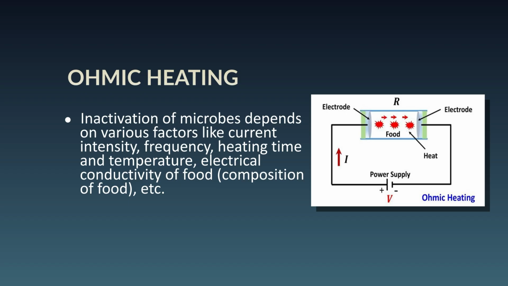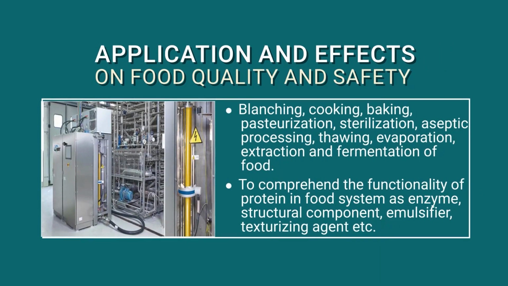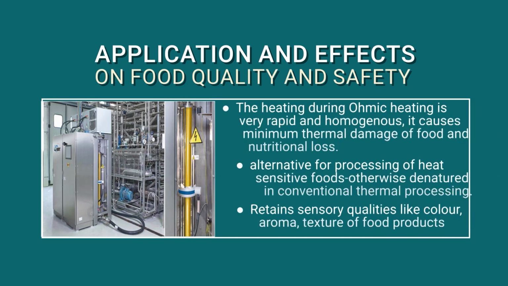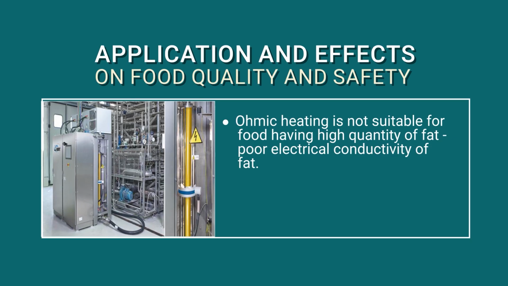Applications include blanching, cooking, baking, sterilization, aseptic heating for aseptic processing, thawing, and evaporation. There could be different processes where heating is required, and you can rely on this as a novel approach and an alternative to conventional heating. It can be used for milk, meat, fruits and vegetables, egg liquid, and mainly for highly viscous products that are otherwise difficult to handle.